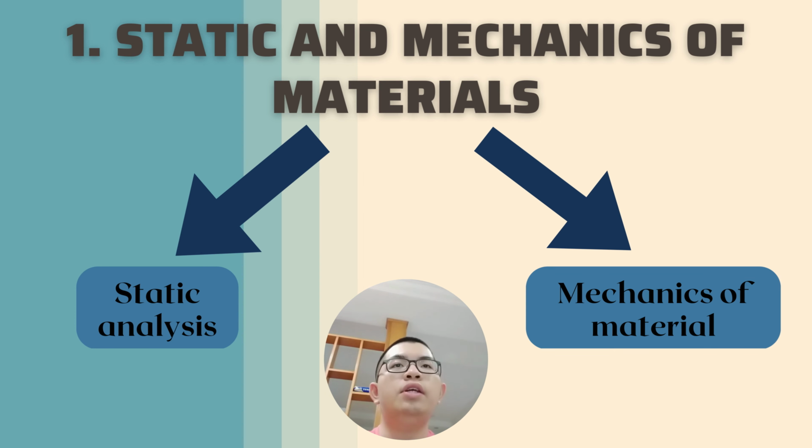The free body diagram helps to determine the forces acting on the object and the resulting equilibrium. In mechanics of materials, the study of how objects respond to external forces and stresses is performed, including understanding how they deform and fracture under different loads. Objects can be subjected to various types of loads, including axial, bending, and torsional loads.